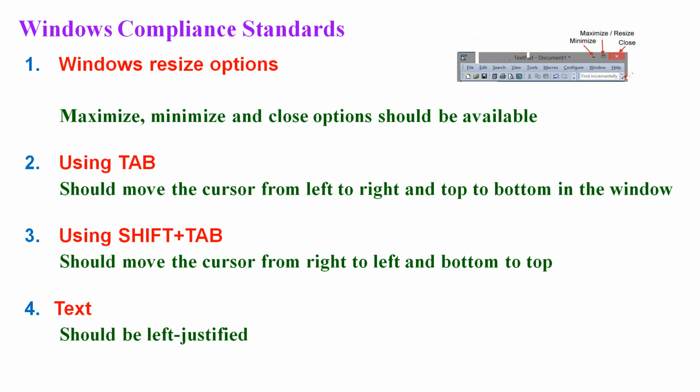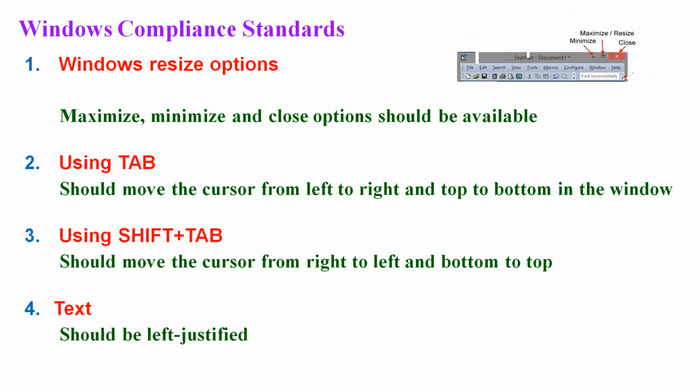That means, according to the availability of these particular options, when you press the tab key on your keyboard, the cursor should move either from left to right or from top to bottom according to the design of the screen or design of the window. Clear?